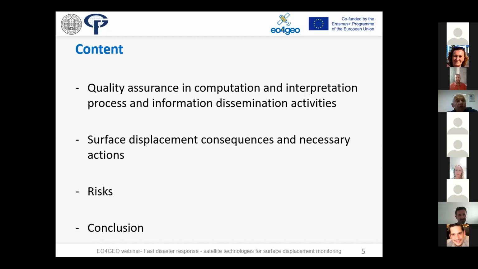Another issue is what the consequences are when we disseminate those results. Then, what are the consequences if surface displacements appear, and what are the necessary actions? What are the risks of being affirmative and doing such computations and publications in case of catastrophic earthquakes, and summarize it in conclusions.